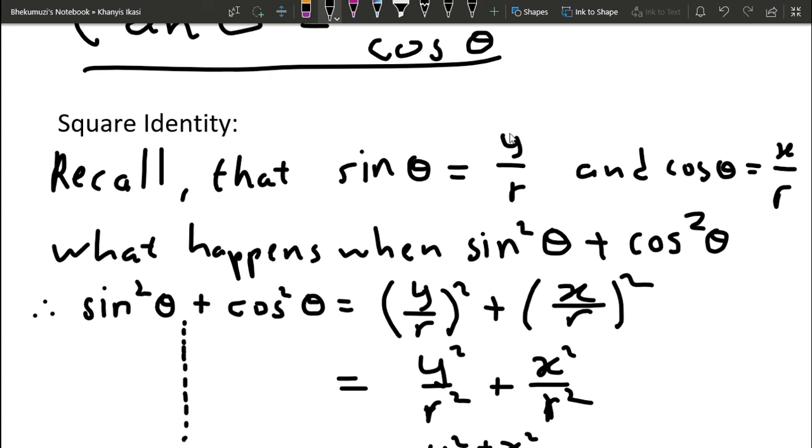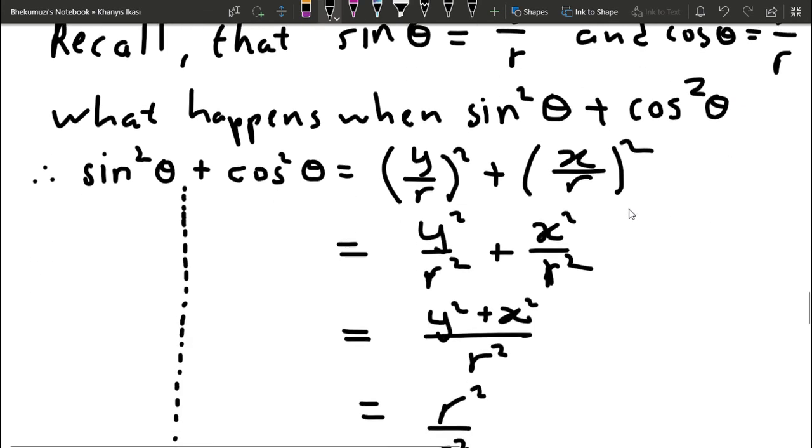So what we know is that y over r is equal to sine theta and cos theta is equal to x over r. And then when we substitute that in, we find that it is y squared over r squared plus x squared all over r squared. And since the denominator is the same, remember your fractions rules, that means we just add the numerators.